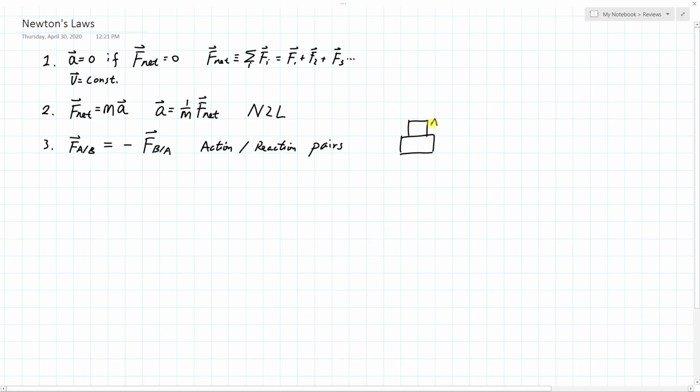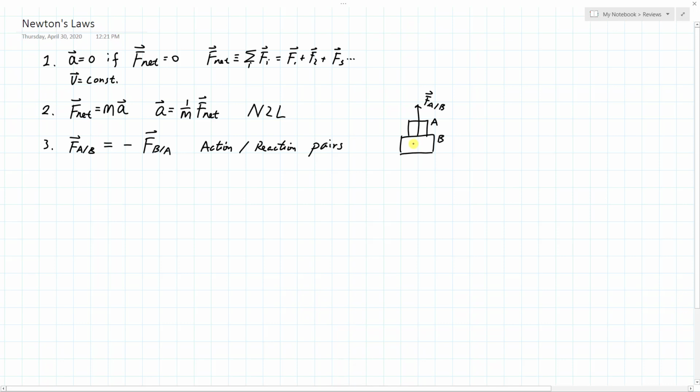If the top box is A and the bottom box is B, then A feels B pushing up, supporting A. So this is the force on A by B, right? And B also feels A pushing down. B does not feel A's gravity, although it's reasonable to say that A pushes as much on B as gravity pulls on A.